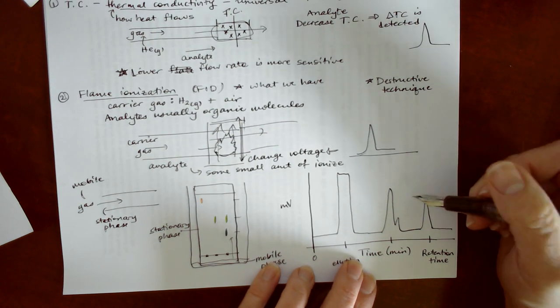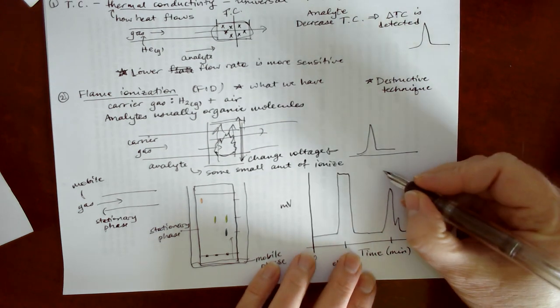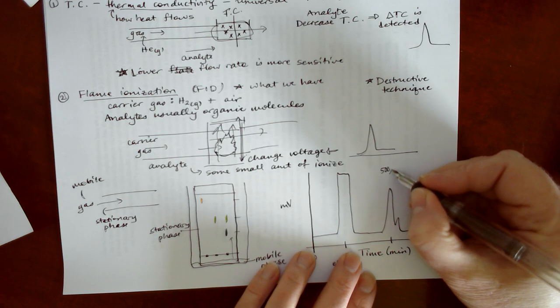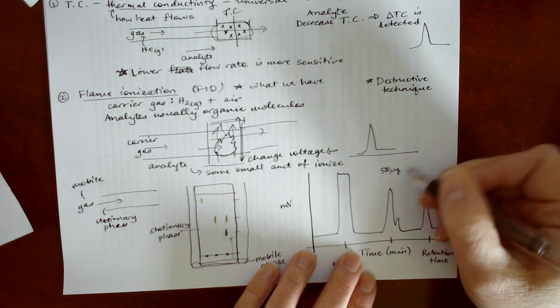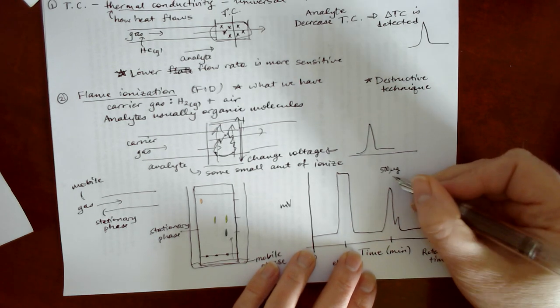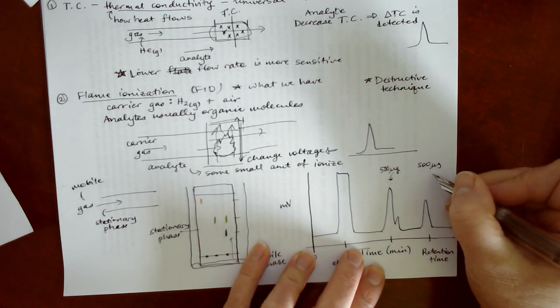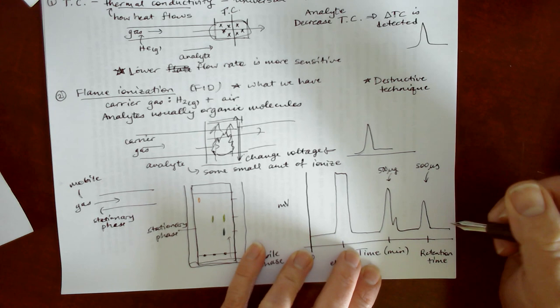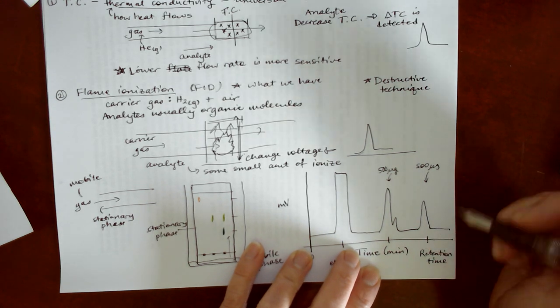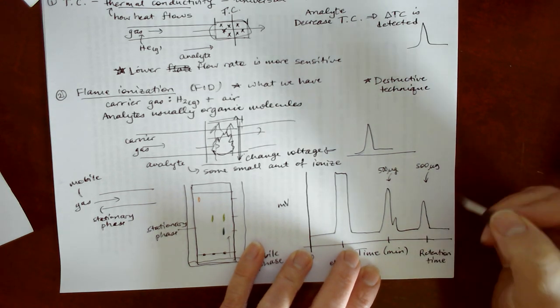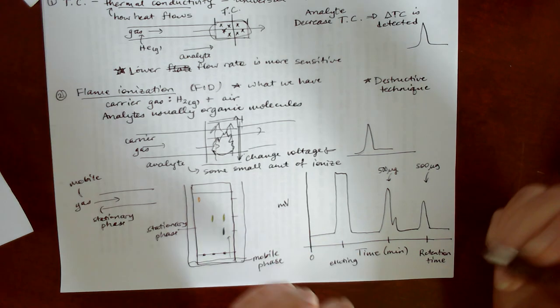So let's say I had 500 micrograms of sample 1 for whatever this peak is, and maybe I also had 500 micrograms of this other analyte, but they don't have the same peak height. And that is just because the detectors respond differently to different analytes.